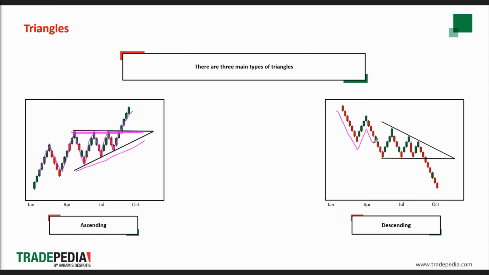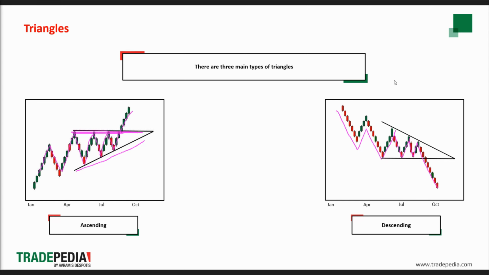Then it consolidates into this descending triangle channel, where the price bounces to the upper trend line resistance before facing pressure down to the support level, then back again to the resistance. So this consolidation takes place inside a triangle before it finally breaks down to the lower side.